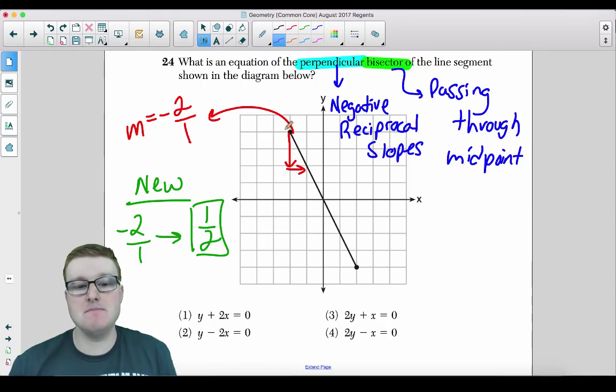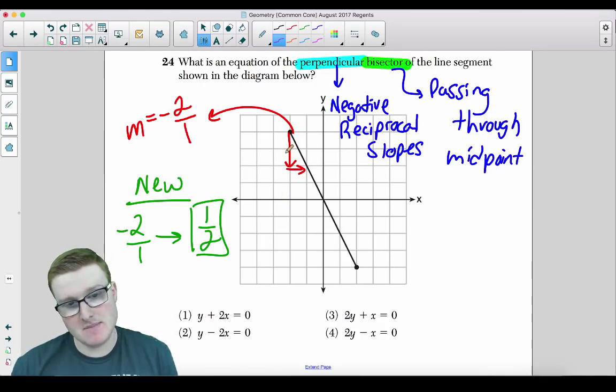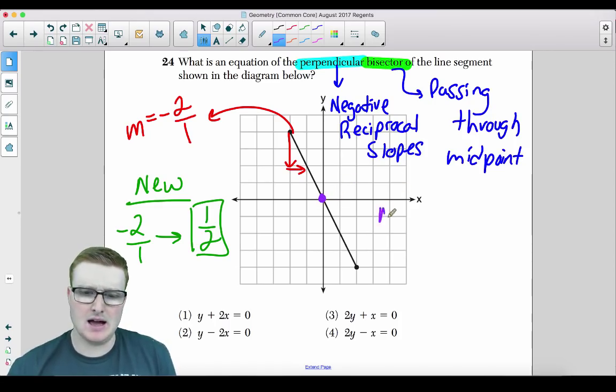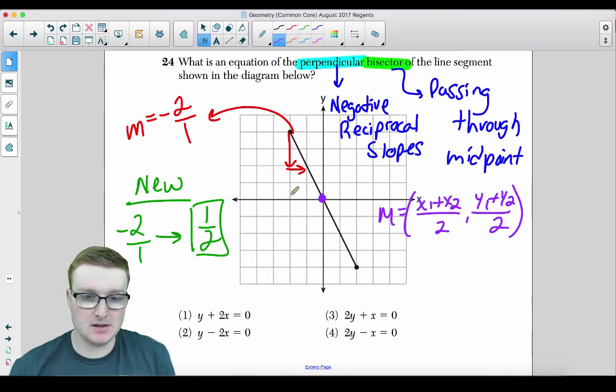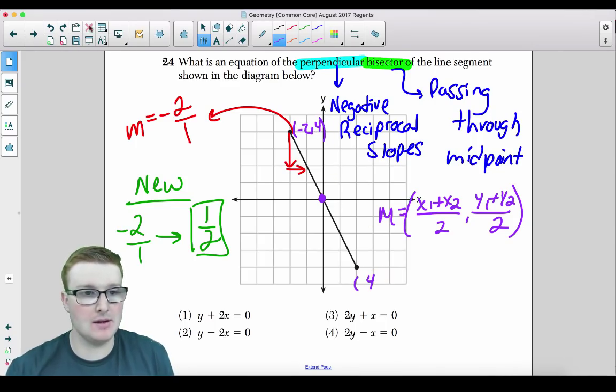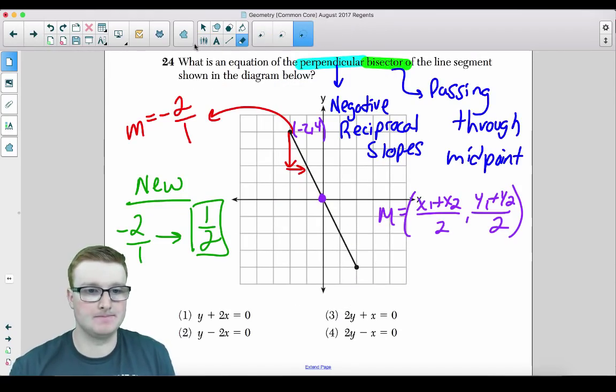Now let's calculate the midpoint. Even if you just eyeball it, you know that this is the midpoint right in the middle. But let's just say you didn't know that. The midpoint formula is x1 plus x2 over 2, y1 plus y2 over 2. This point up here is the point negative 2, 4. This down here is the point 2 comma negative 4.